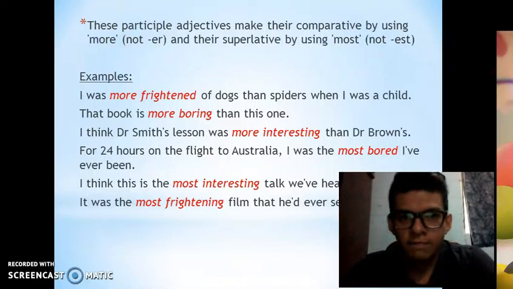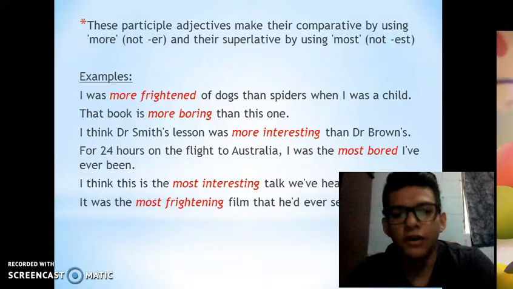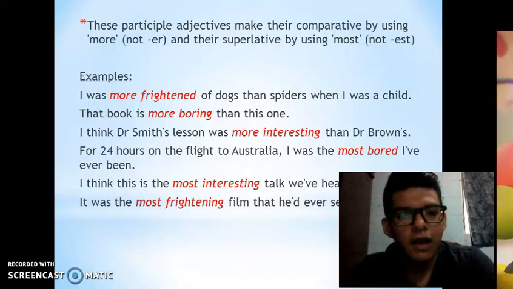Guys, I'm going to give you some examples. For example, in er form: stronger, larger, cooler, taller. This is er form. And the est form: strongest, coolest, baddest.